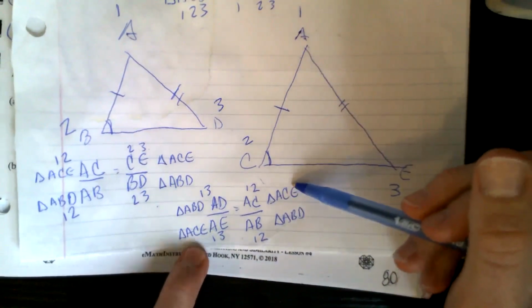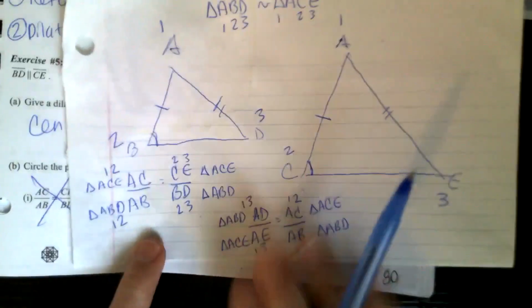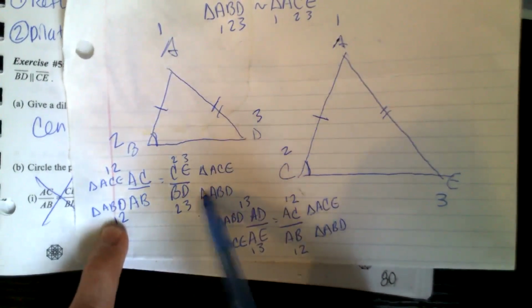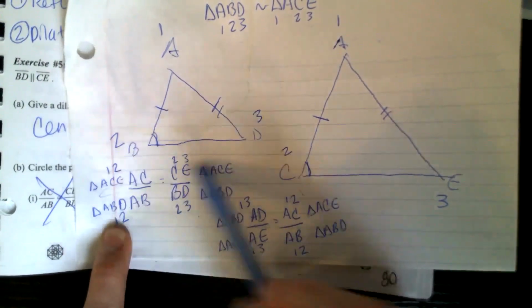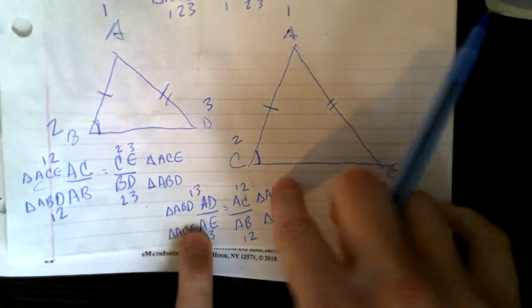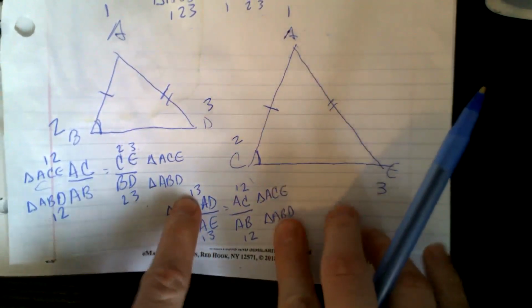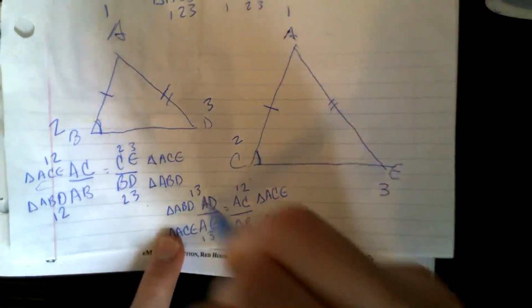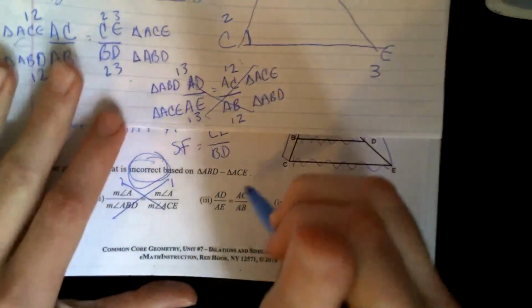Do you see how in this one, both sides from ABD are on the bottom and both sides from ACE were on the top? Since one's on the bottom and one's on the top, that is not a correct way we can set up this proportion. So that is why choice 3 is our answer, the incorrect proportion.